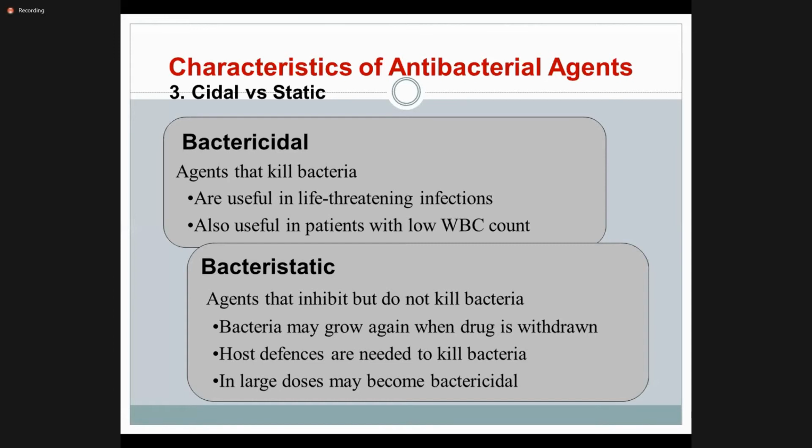Suppose in one example the fever subsides after 1 day, that means that patient has less burden. Suppose it crosses 10,000, and when we start the antibiotic the burden is 20,000, right? So this burden decreases, and when it reaches less than 10,000, the fever subsides, but the microorganism is still there.